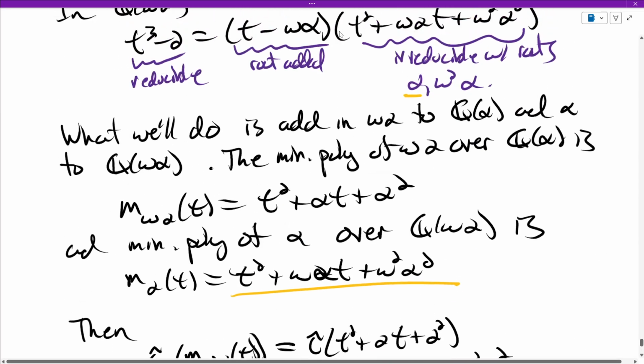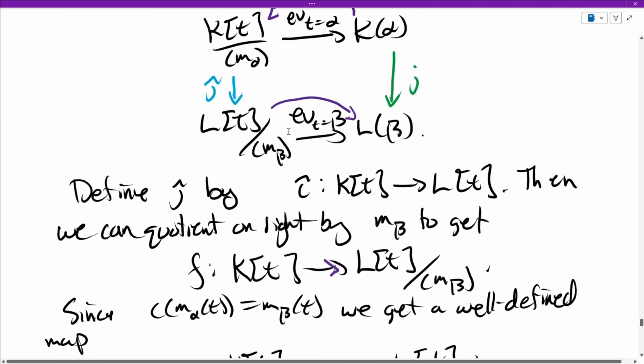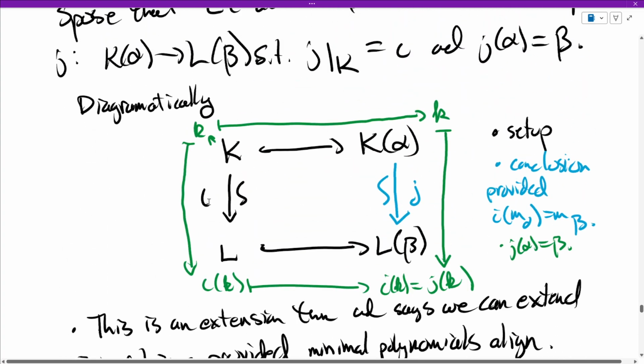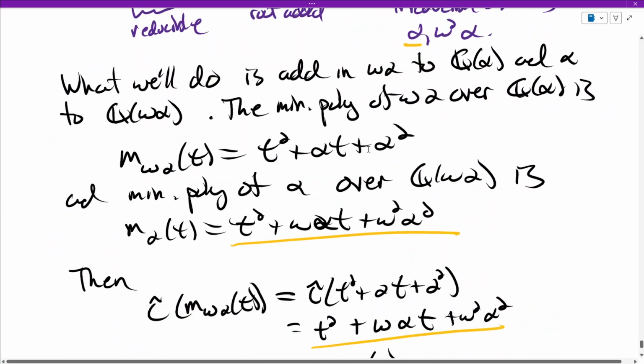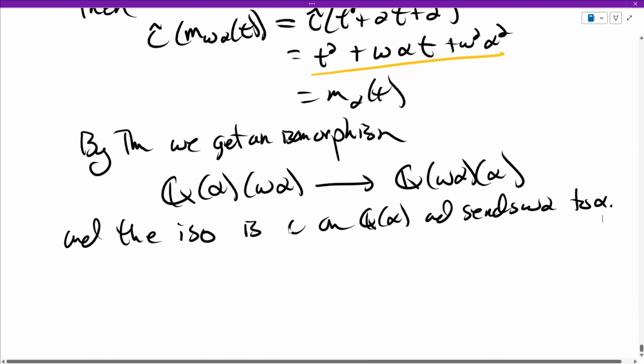Right? That was the other part. It restricts to whatever iota does on the base fields, and then it interchanges the new guys that you're adding in. So it's the regular guy on Q adjoint alpha, and it interchanges the new ones we add in.